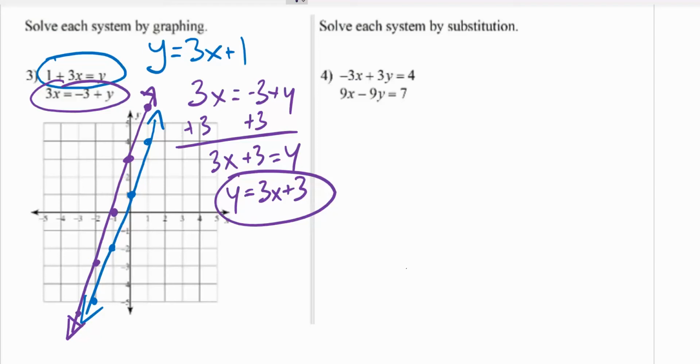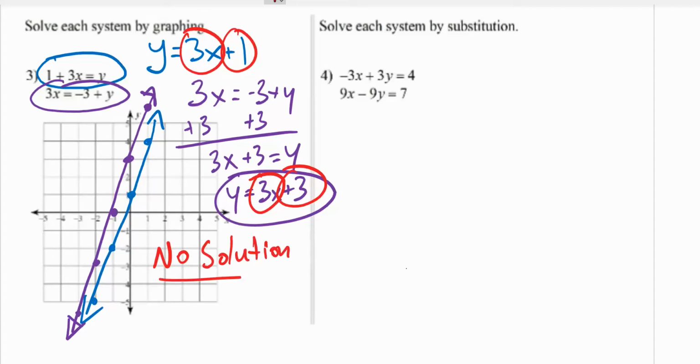And the answer is no. And what do we have? We've got lines with a slope, both of them having a slope of 3, and they both have different y-intercepts. So same slope means we've got parallel lines, and so when we have parallel lines, we've got no solution because our lines aren't going to intersect.